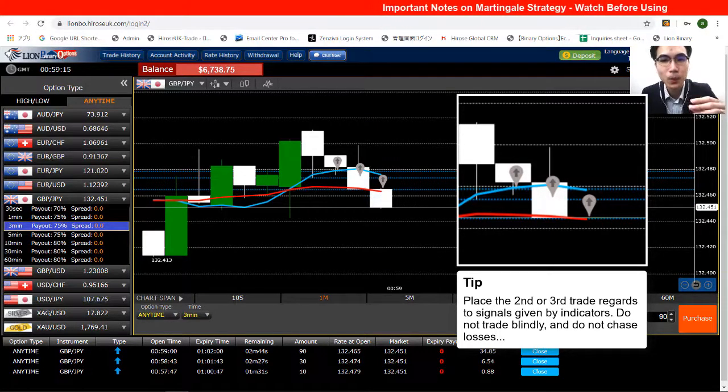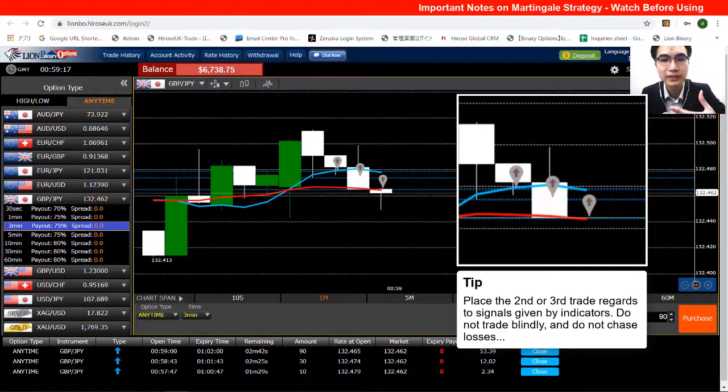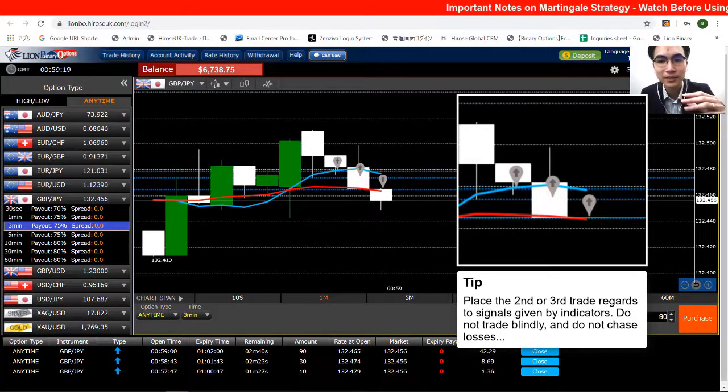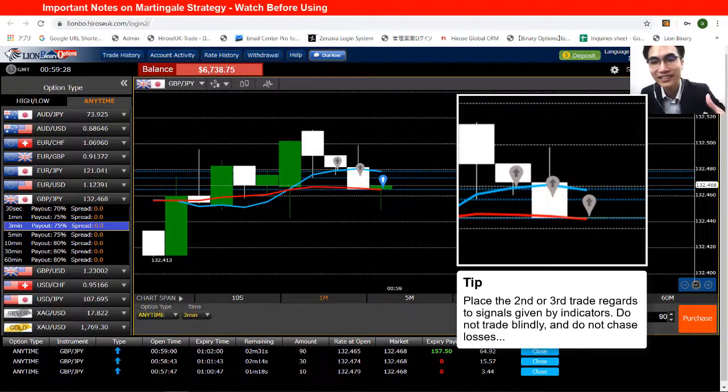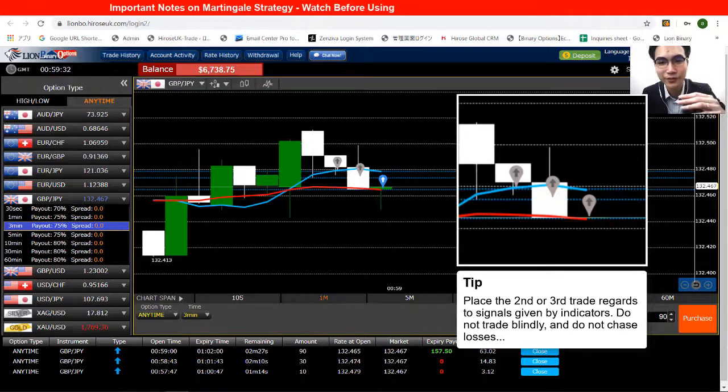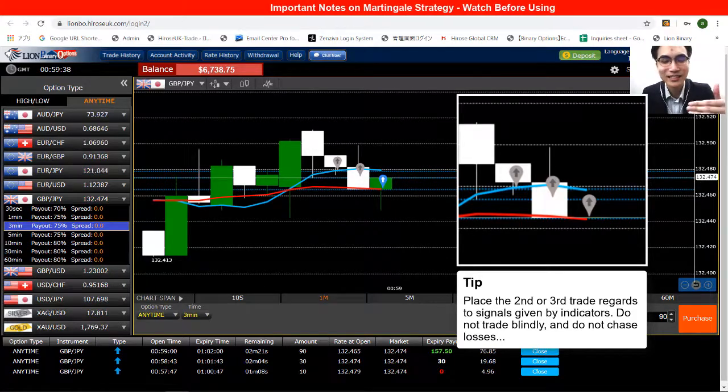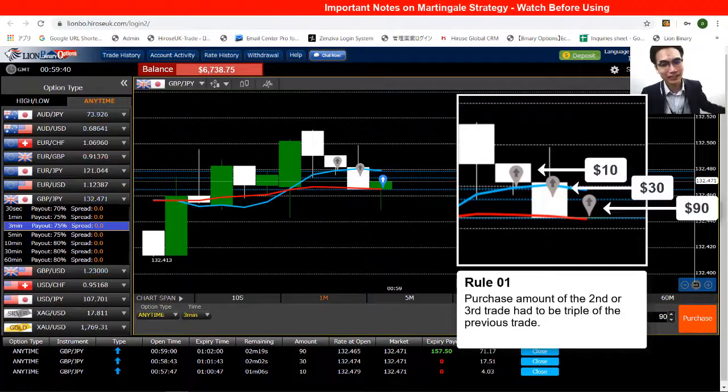So that's why I still have confidence that the price is going to go up. That's why I placed my second and third trade here, in hope that the price is going to go above the third trade. Even if I lost the first two trades, I'm still going to end in profit for this session.